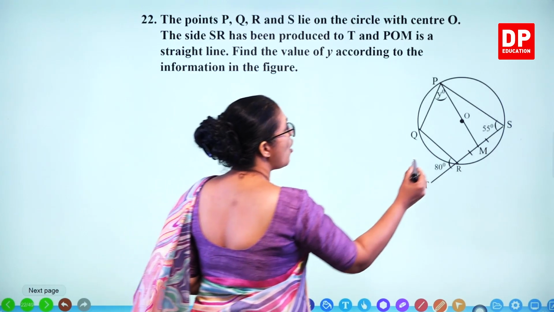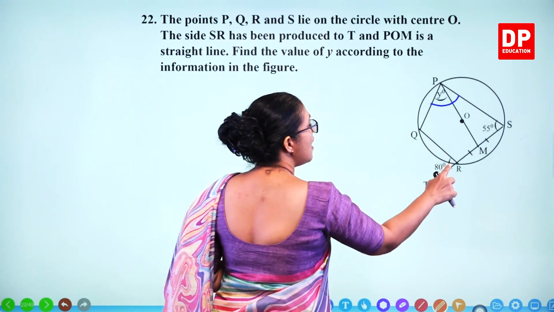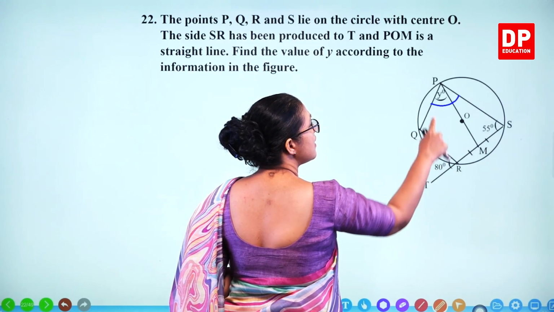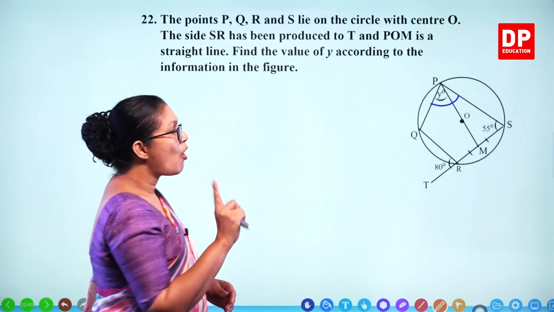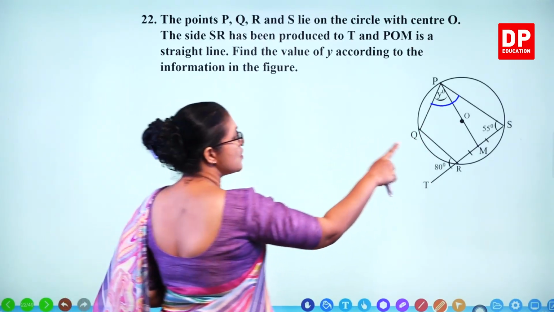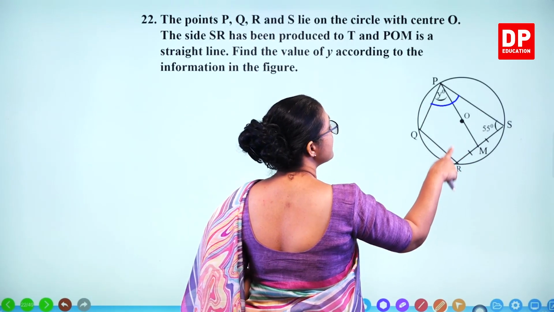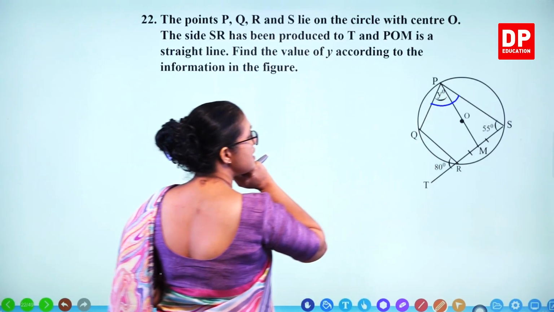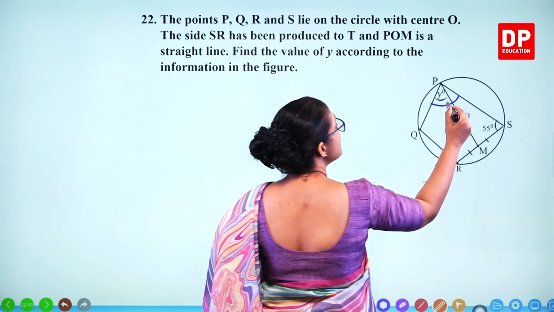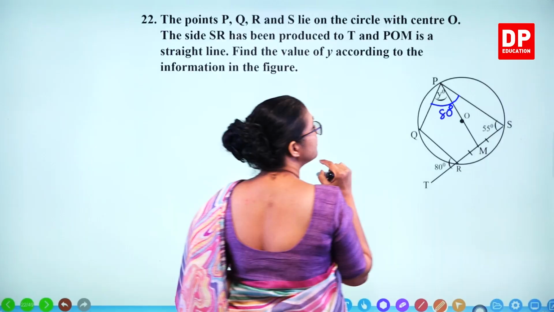What can you say about this angle? This is the exterior angle, and according to the theorem, the exterior angle of a cyclic quadrilateral is equal to the opposite interior angle. So if this is 80, this whole angle is 80.